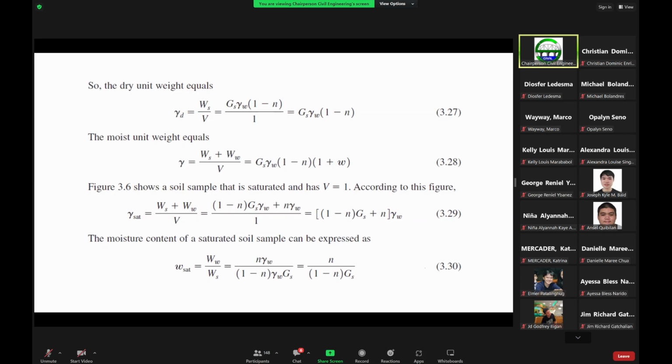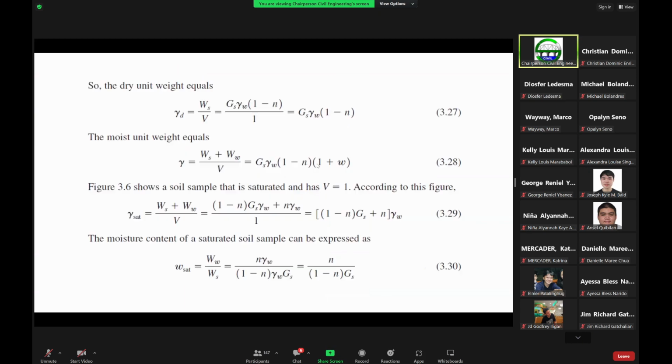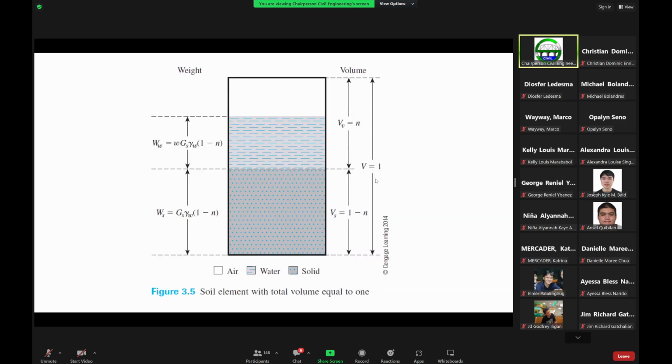If we now substitute the weight of soil and the weight of water by these two formulas here, then you factor out 1 minus n. That will leave you the quantity 1 plus the water content multiplied by the specific gravity of the solids multiplied by the unit weight of water over 1, because the total volume is considered to be 1.